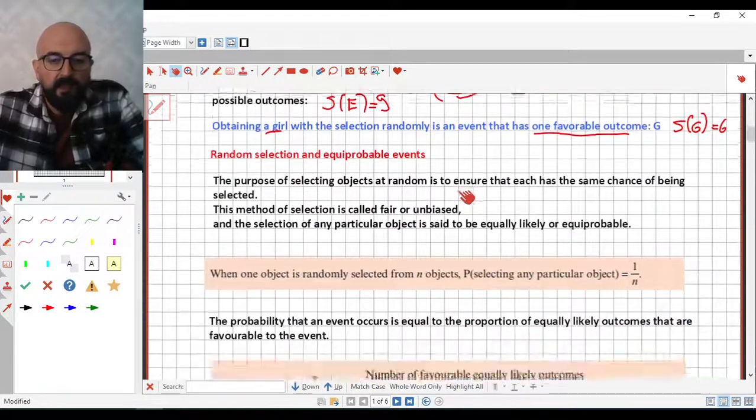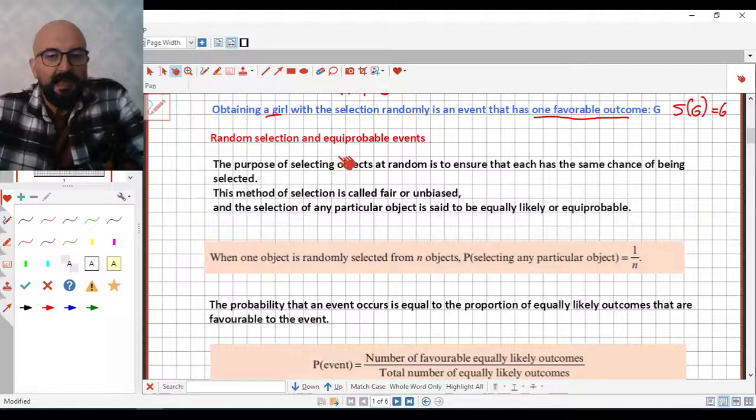Random selection and equiprobable events. The purpose of selecting objects at random is to ensure that each has the same chance of being selected. This method of selection is called fair or unbiased, and the selection of any particular object is said to be equally likely or equiprobable.